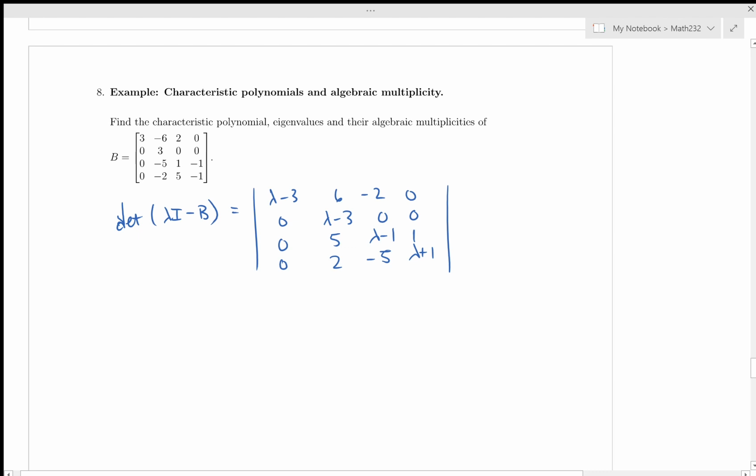So we have to take the determinant of this, made less daunting by the fact that there's lots of zeros. So we're going to do the cofactor expansion along the first column. So I would get this here then, lambda minus 3 times the determinant of the resulting minor, that is this guy here.